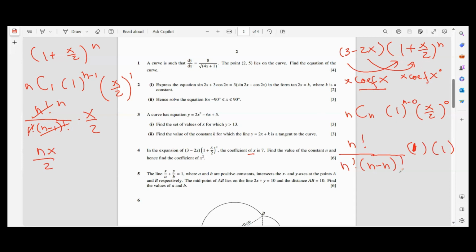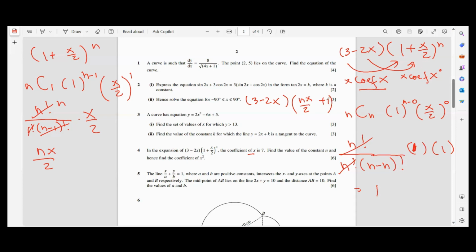And 0 factorial is 1, so it's 1. Okay, so at the end, we shall get this 3 minus 2x times (nx over 2 plus 1).